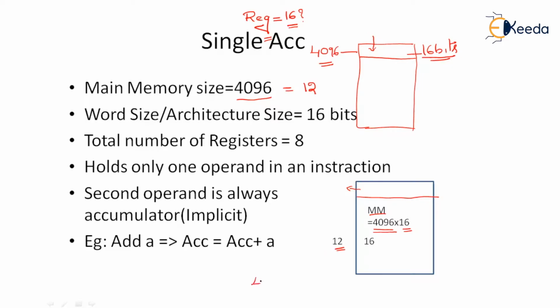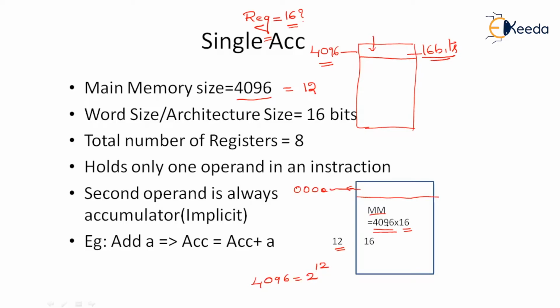Why? Because 4096 is equal to 2 power 12. So the first location address will be 12 zeros, 1 2 3 4 5 6 7 8 9 10 11 12 zeros. The final location address will be 12 ones. So the total main memory will be addressed from 12 zeros to 12 ones.